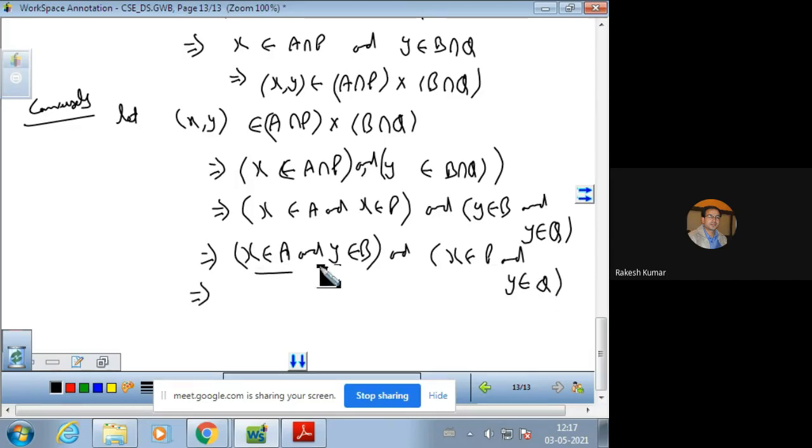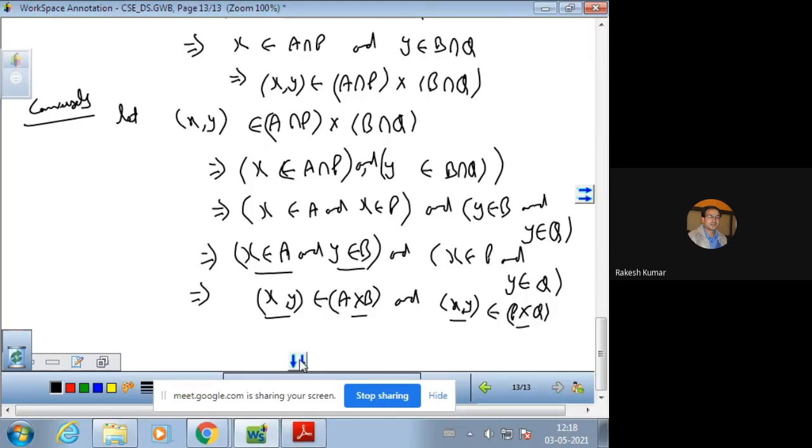So x in A, y in B, then the ordered pair xy belongs to A cross B, and the ordered pair xy belongs to P cross Q. Now this ordered pair belongs to this set, and the same ordered pair xy belongs to this set also.